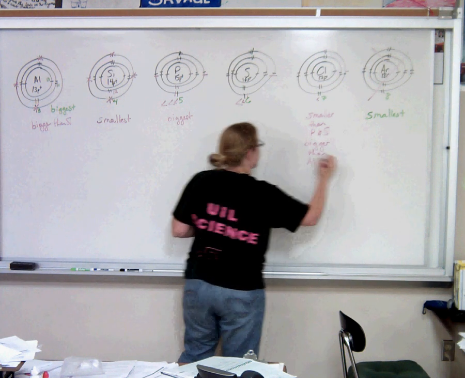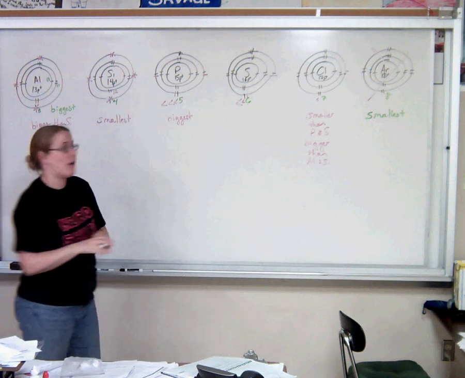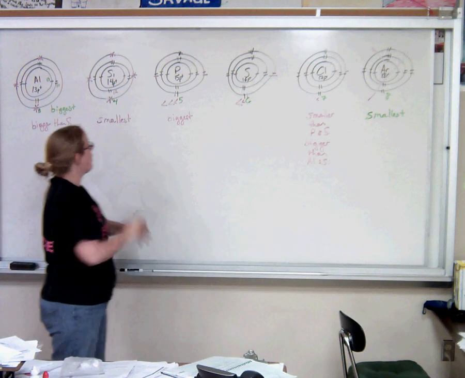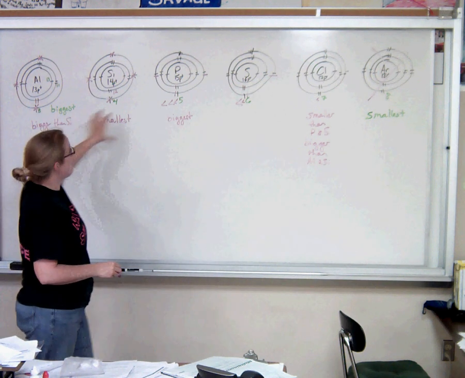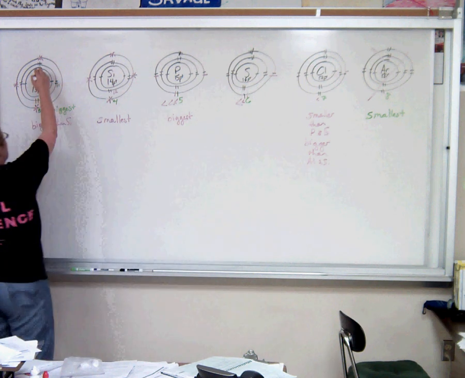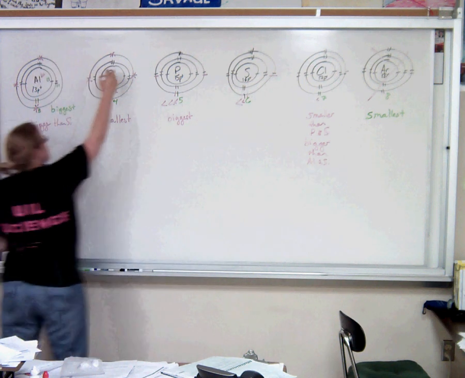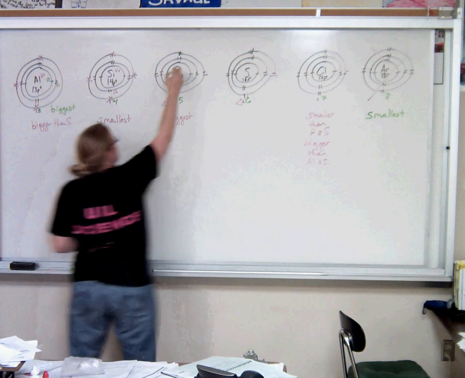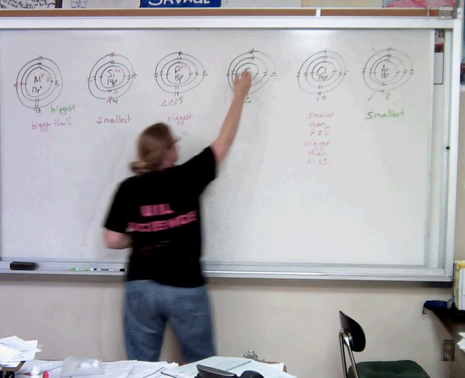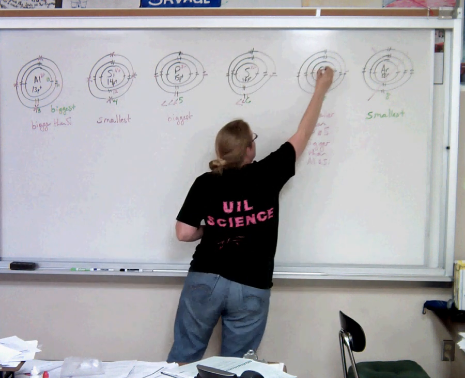So we have a kind of dichotomy happening here as far as whether you are a cation or you are an anion. So this is aluminum +3, this is silicon +4, this is phosphorus -3, sulfur -2, or -1.